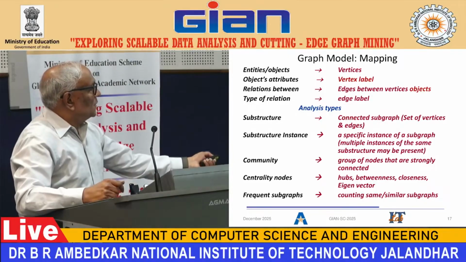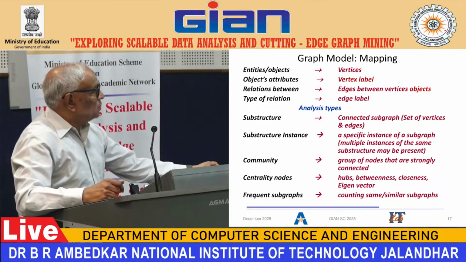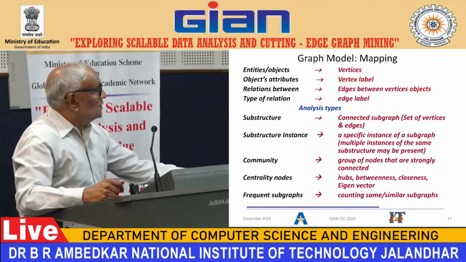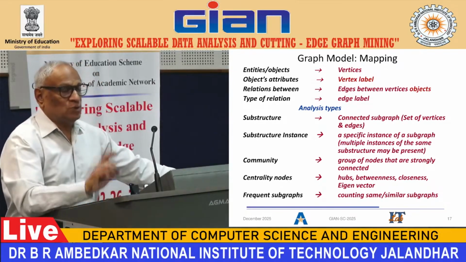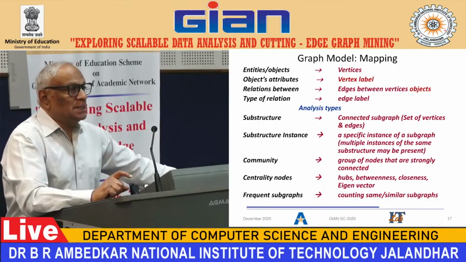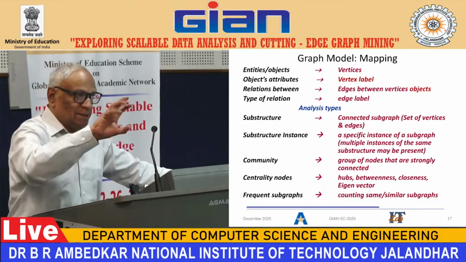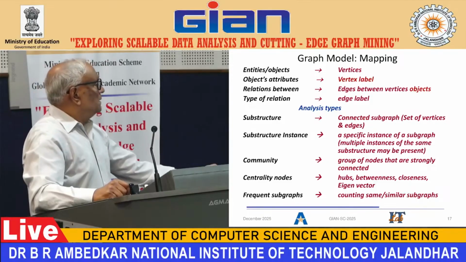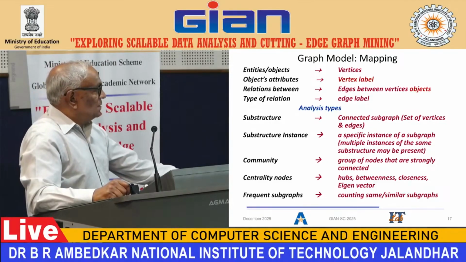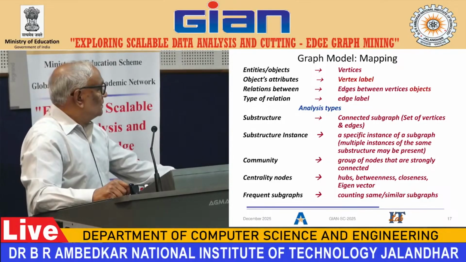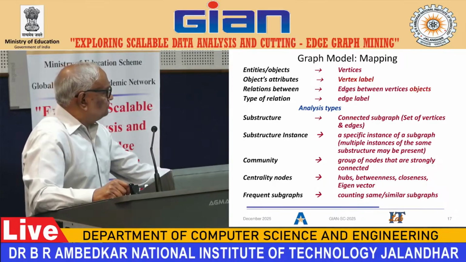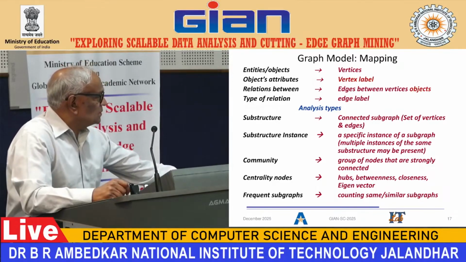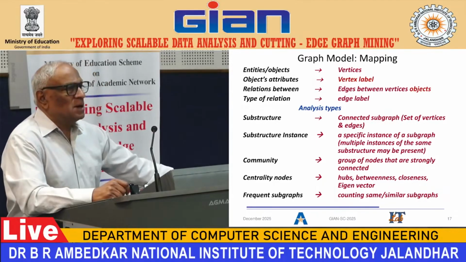There is a difference between a substructure and its instance, a specific instance of the substructure. The notion of a community is a group of nodes that are strongly connected. It doesn't say completely connected. So remember that. It's not completely connected, but it is strongly connected. There is a difference between that. Then there is this notion of centrality: hubs, betweenness, closeness, eigenvector. If you count the number of frequent substructures, then it becomes counting substructures.